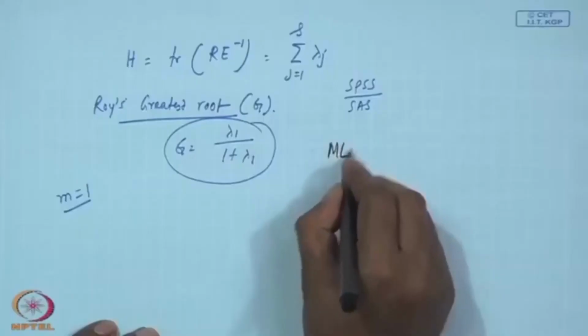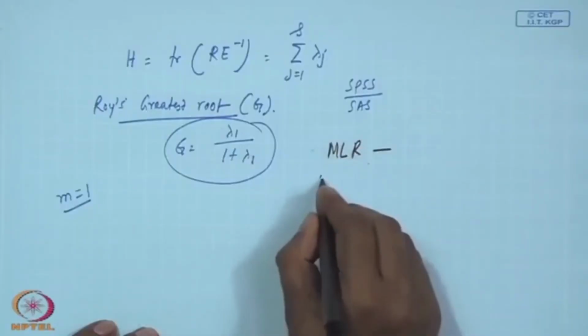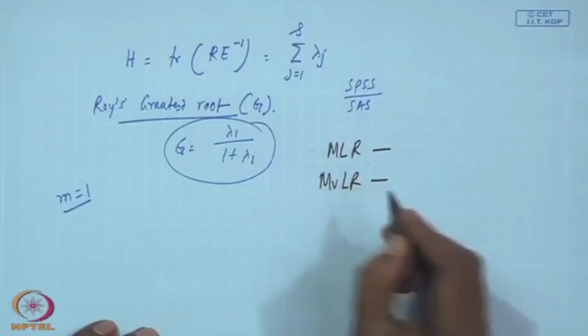If you find that these are contributing, then going for single MLR, that means multiple linear regression, instead of MBLR, is absolutely no problem.